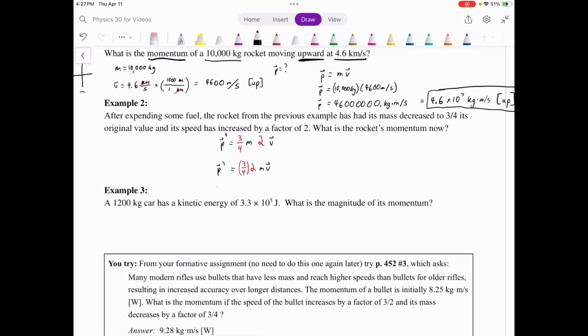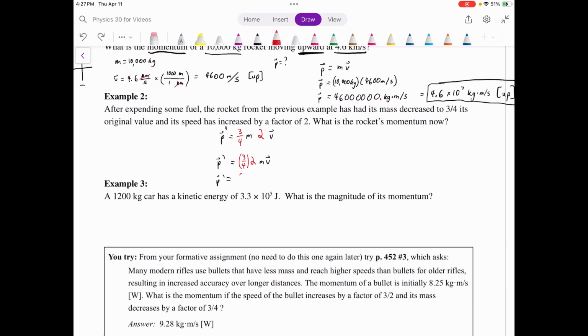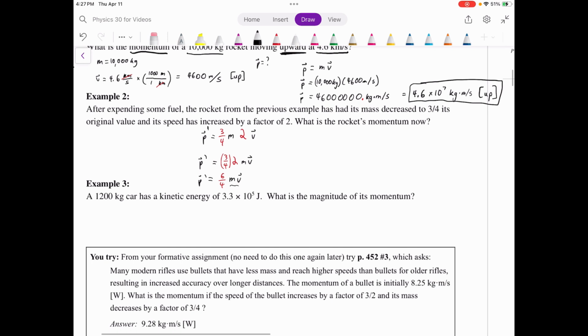So we can see here, 3/4 times 2, remember you can think of 2 as 2/1, right? So this is 6/4 times mv. That's our original momentum, okay? 6/4 can be reduced as a fraction to 3/2, okay, times mv.